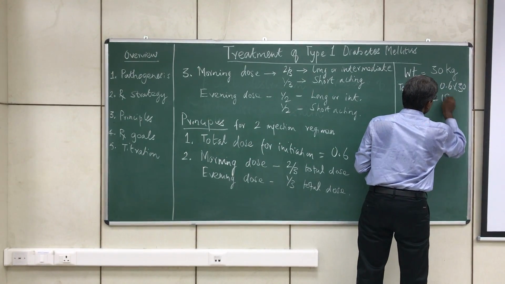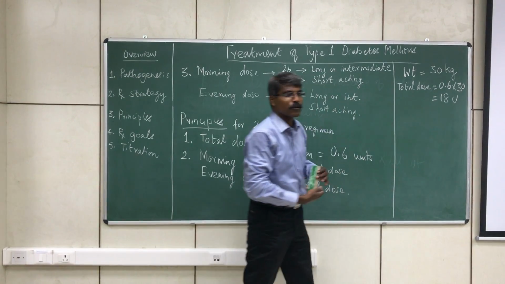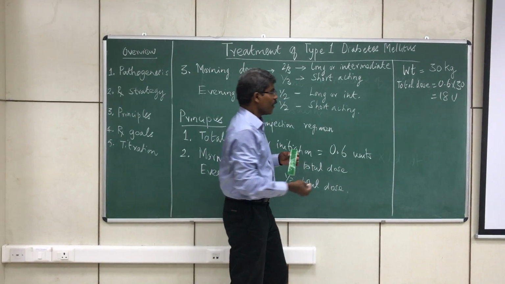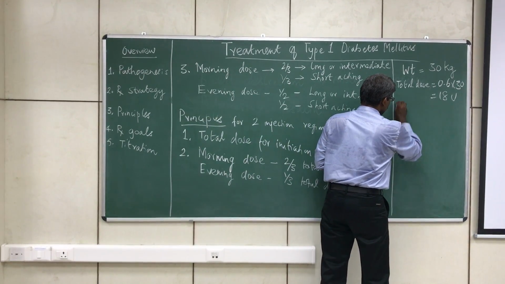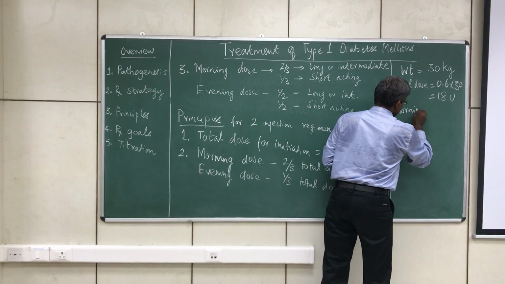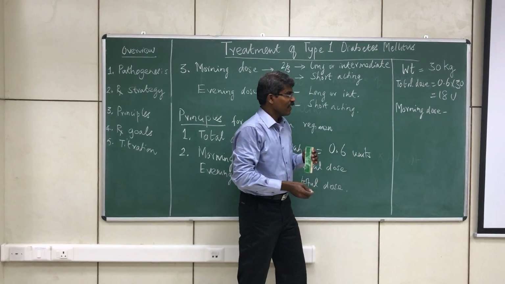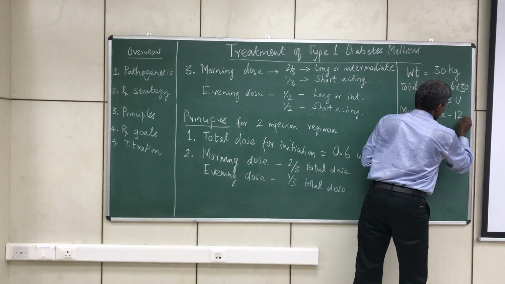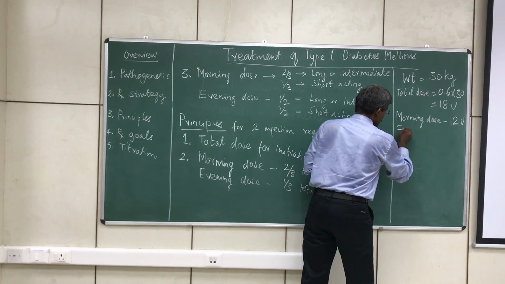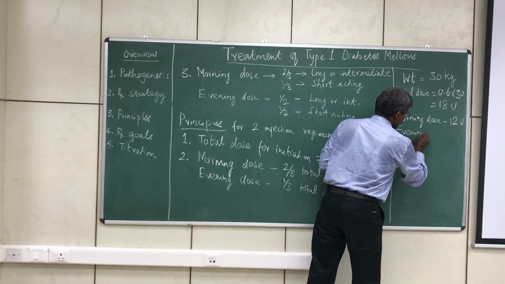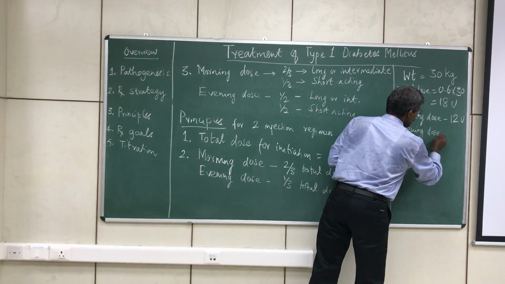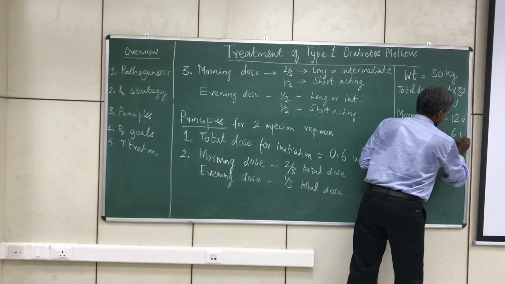So it comes to 18 units, isn't it? This is the total dose requirement for this boy. Now his morning dose is 2/3 of this, which will be 12 units. Evening dose becomes the remaining 1/3, which is 6 units.